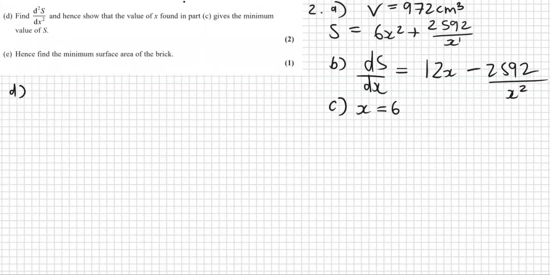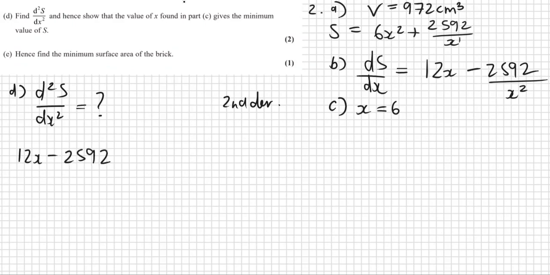Number 2D wants d squared s over dx squared, which is the second derivative of the function. So we have 12x minus 2592 x to the minus 2. I straight away took that x to the numerator.